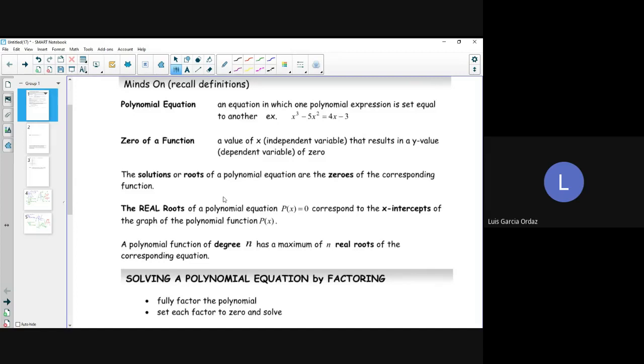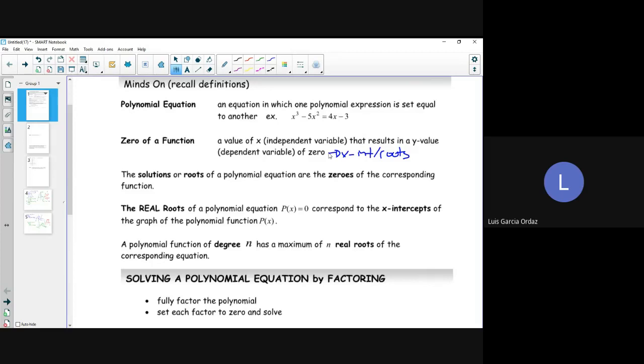Okay, so these are known as the x-intercepts, which are known as the zeros, or what other word do we use instead of zeros or x-intercepts? Or roots. So the solutions or roots of a polynomial equation are the zeros of the corresponding function.